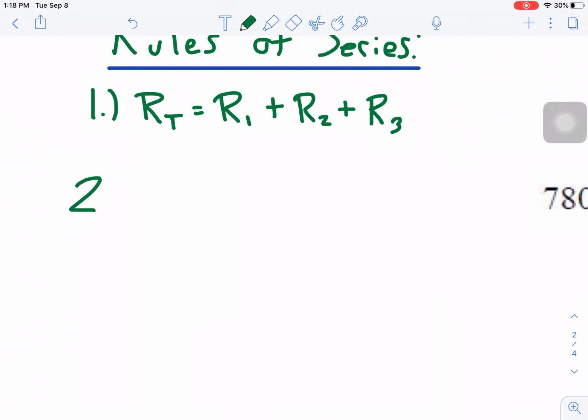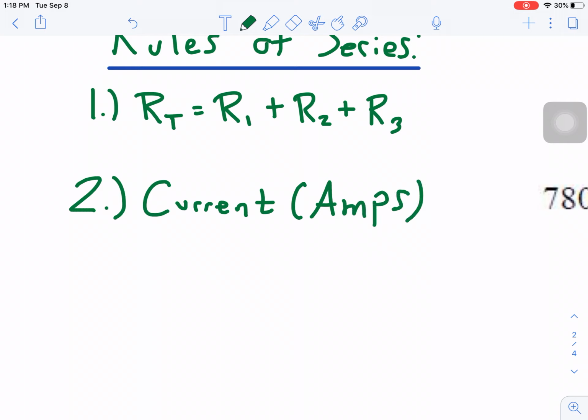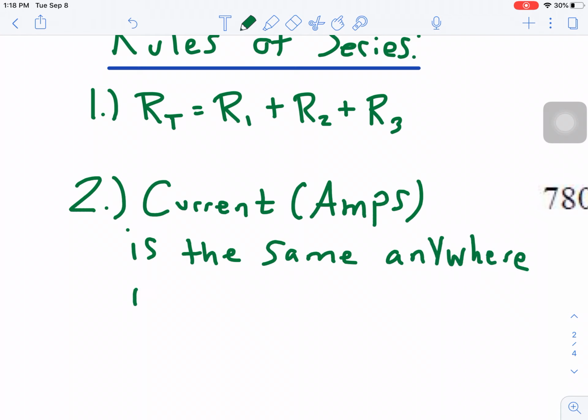Rule number 2 is that the current, the electrical current, otherwise known as the amps, is the same anywhere in the circuit.